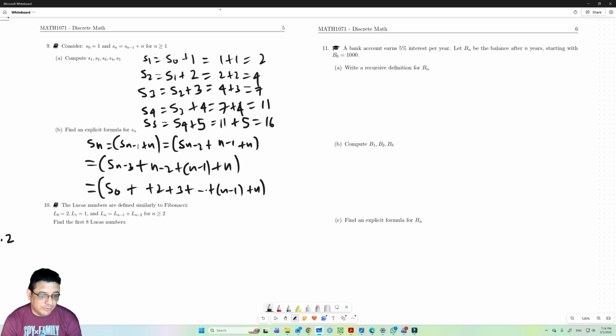So at the end, this is just going to be the sum from 1 to n of k, for k equals 1 to n. And if you remember from our series, this is just n times n plus 1 over 2.